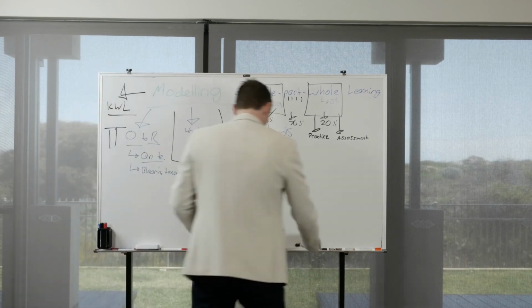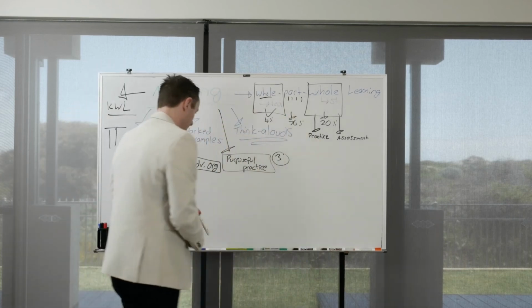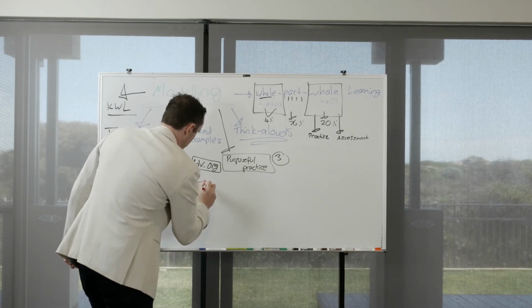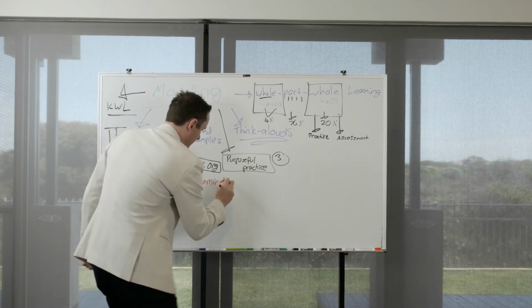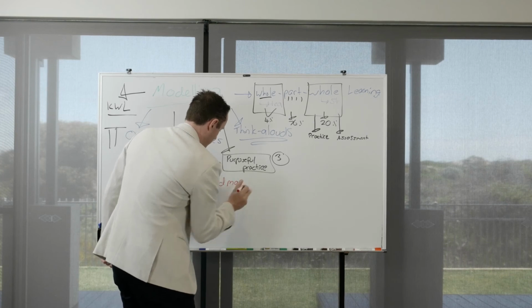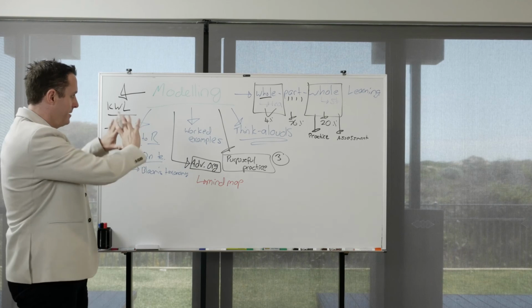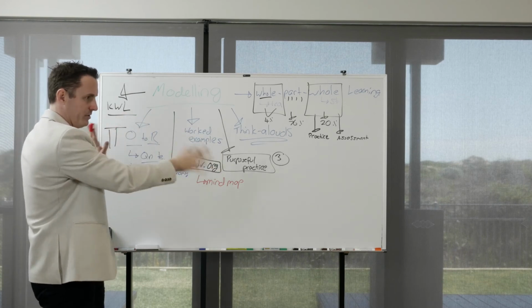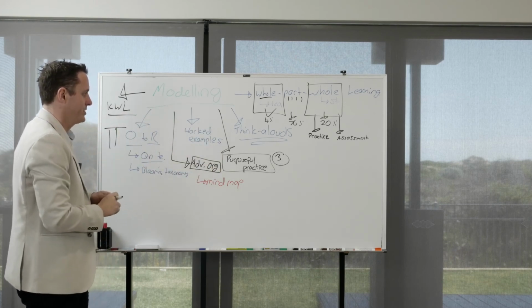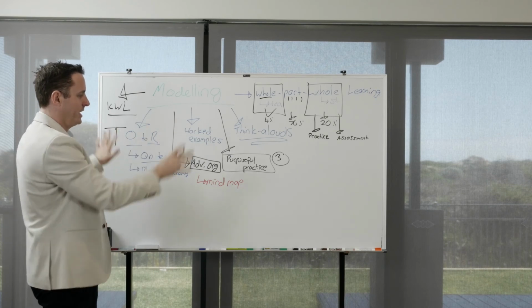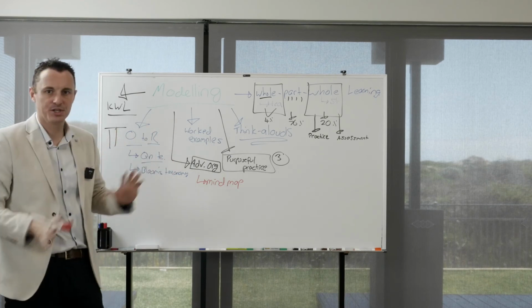KWL chart is actually one of them. That's probably one of the more famous ones. Another one is called a mind map, a mind map of some description. Brainstorm is another type. So any type of piece of paper or brainstorm or jigsaw or anything like that where students can start drawing and taking notes and making connections between things.